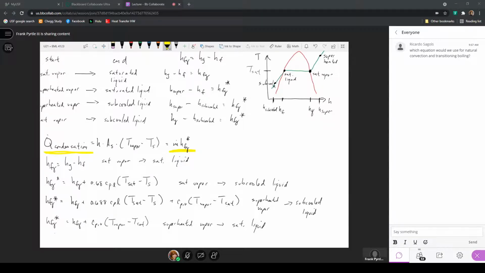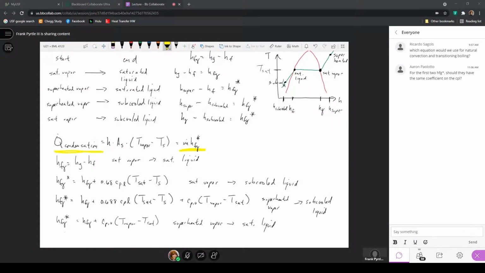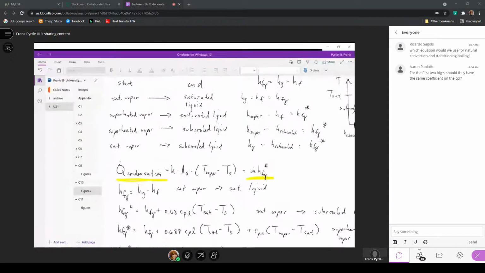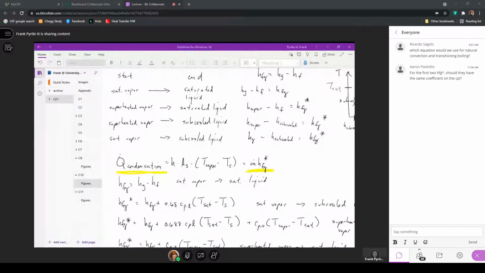It would just be this heat transfer rate divided by HFG star, where HFG star is just HFG if we're going from saturated vapor to saturated liquid. But for any of these other conditions where we're moving between an end state and a beginning state that is not just saturation conditions, we would use these other expressions in order to write expressions for HFG star.